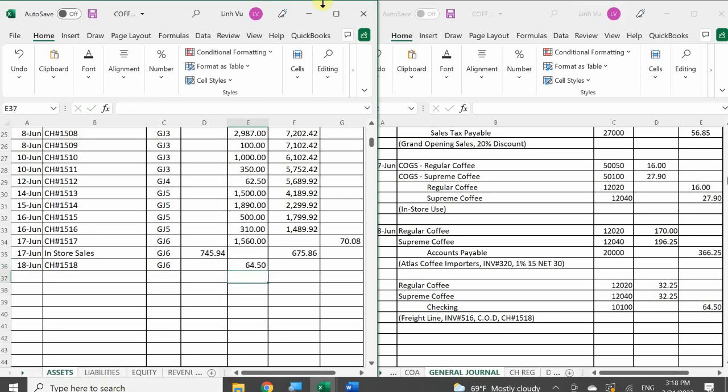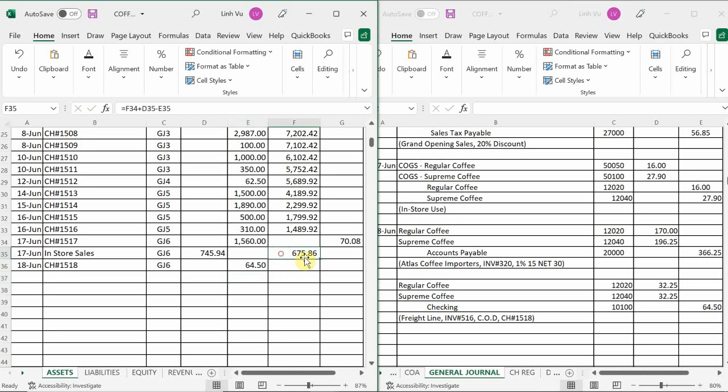So what's my new total ending balance in my checking account? So I got 611 and 36. Okay.